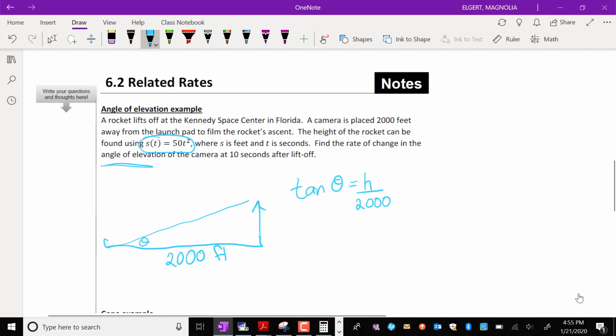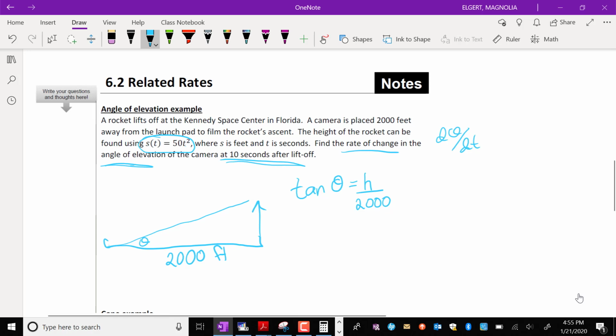So that is our formula. It says the height of the rocket can be modeled there. So this is kind of a special problem, so just keep that in mind. Find the rate of change of the angle of elevation, so we're looking for d theta dt, of the camera at 10 seconds after liftoff.